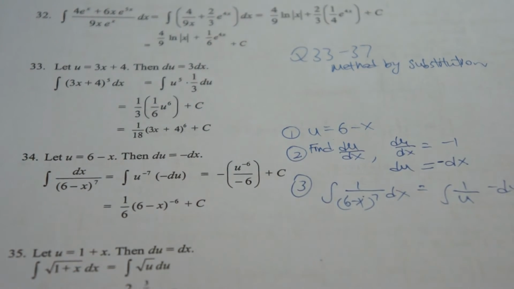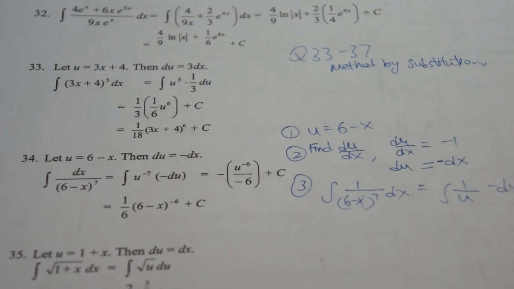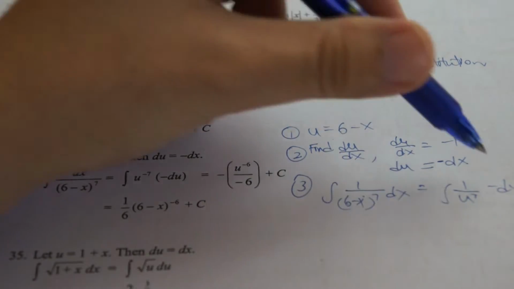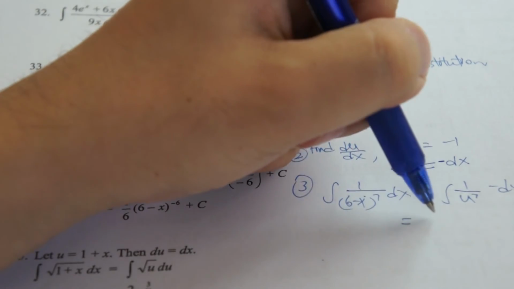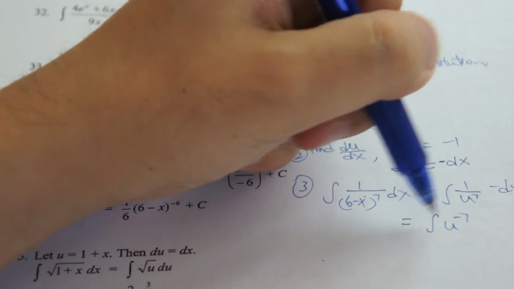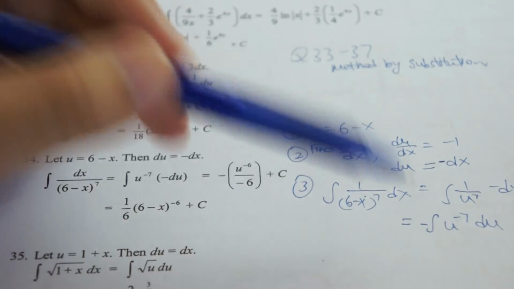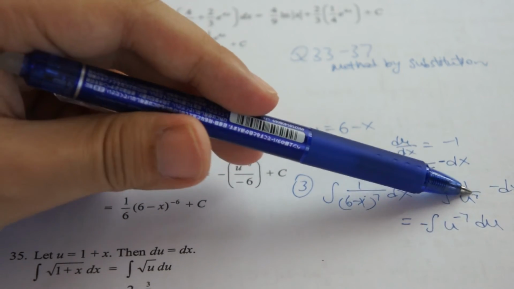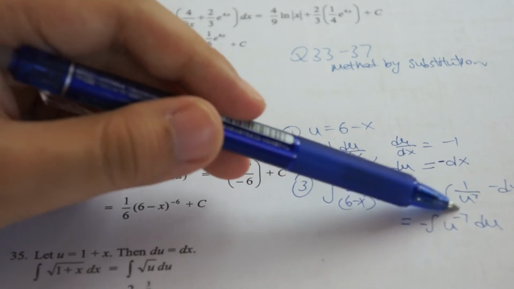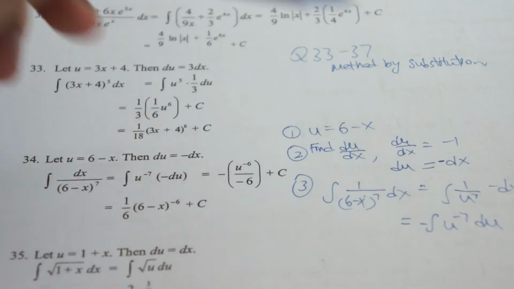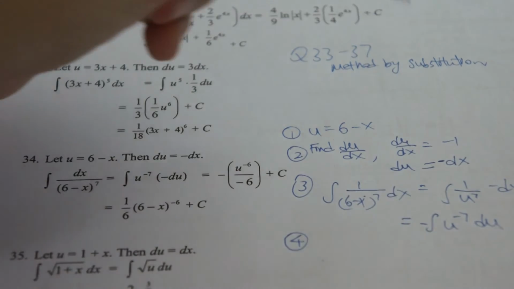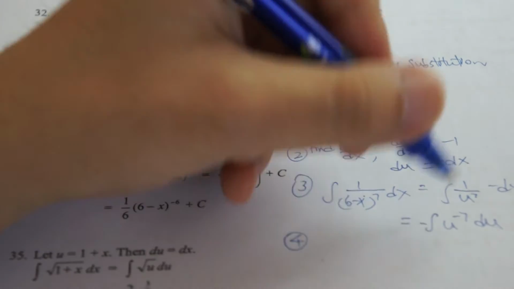So the final answer is that you are going to have u to the power 7. Okay, so it should be like that. Because we reverse the power, u to the power 7 will be u to the power of negative 7, and this negative sign is put in front. Number 4 is that you are going to integrate this part.